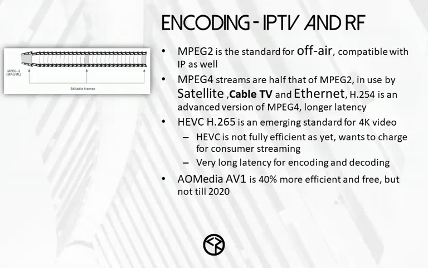The advantage to MPEG-4 is that its streams are half the size of a comparable MPEG-2 stream. So if you have an 18 megabit per second stream in MPEG-2, that will only be 9 in MPEG-4. And typically we refer nowadays to MPEG-4 as H.264, which is more advanced, with better quality than the original MPEG-4 standard.